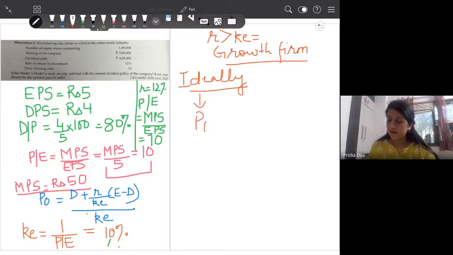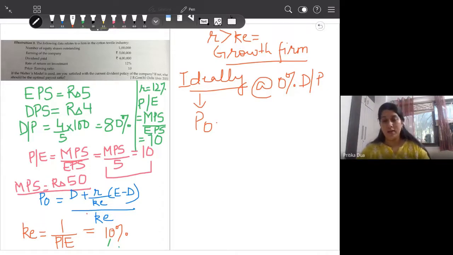P0. Please calculate how much P0 is coming at 0% DP. So ideally, the value of P0 at 0% DP should be, please calculate how much the value comes to.